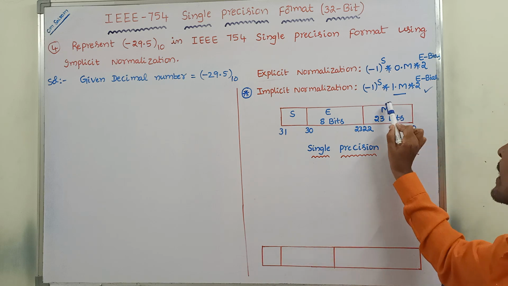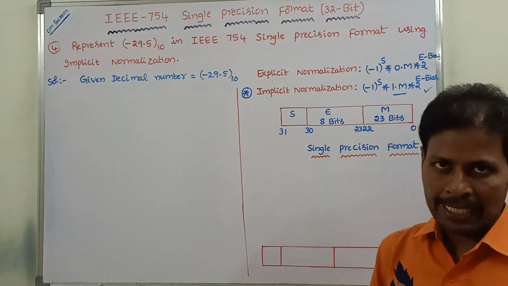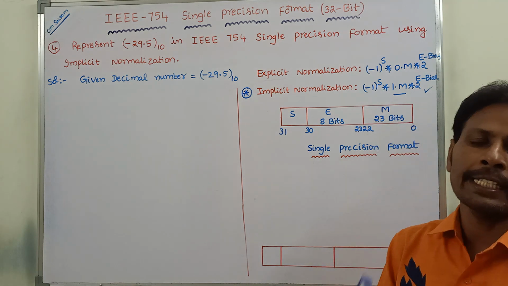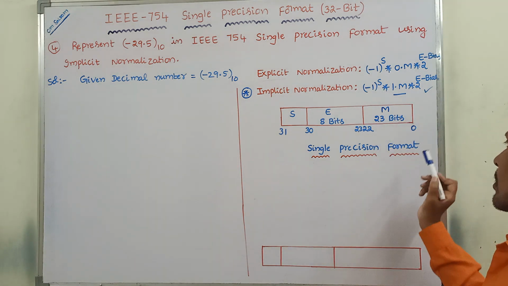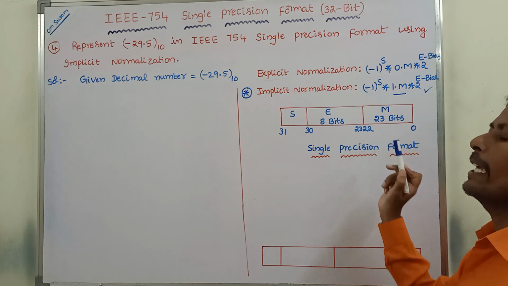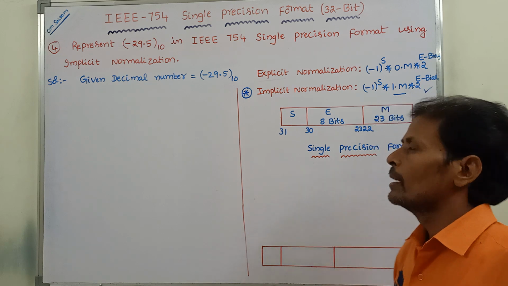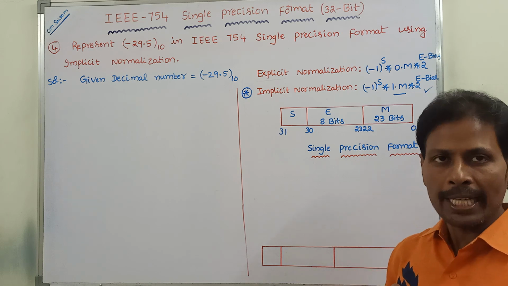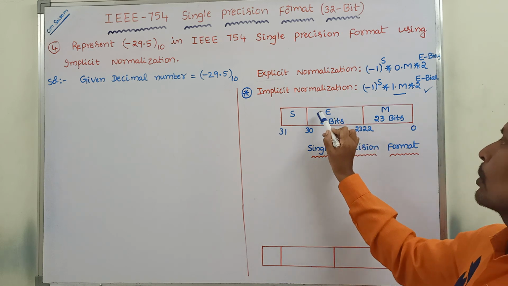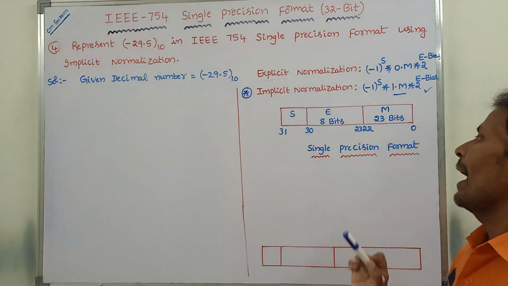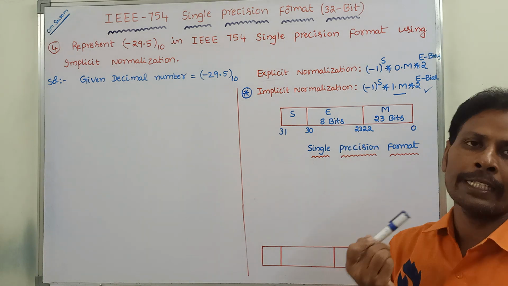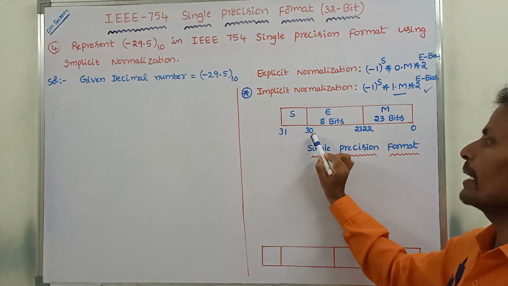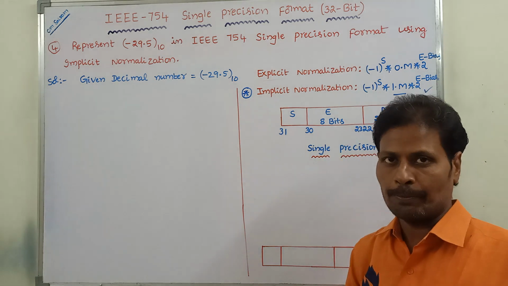The first field is called the mantissa. So 23 bits are allocated for the mantissa, starting with 0 and ending with 22. The second field is called the exponent, denoted by capital E. 8 bits are allocated for the exponent, starting with 23 and ending with 30.